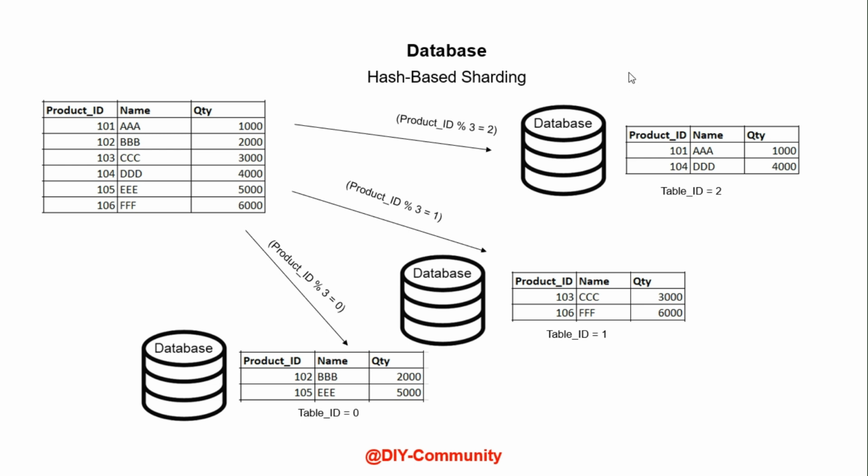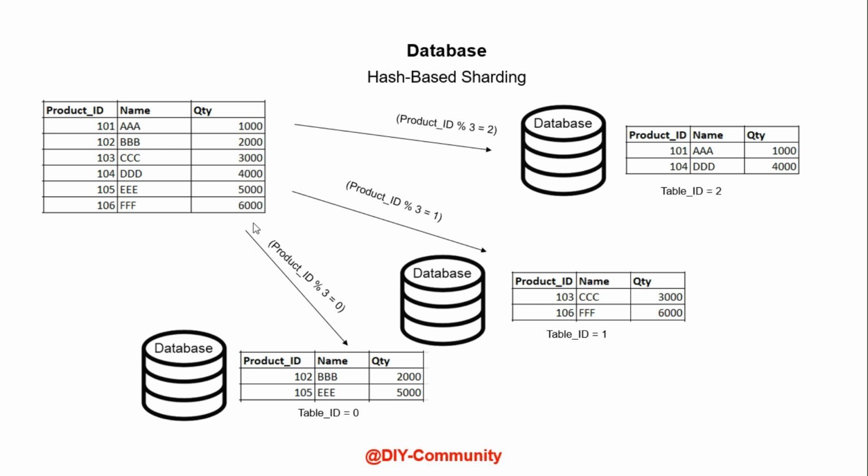In this particular scenario, data from this table will be redirected to three different databases based on a product ID. If the modulus of the product ID is 2, then that particular record will be stored in a database which is configured as 2. If the modulus of the product ID is 1, it will go into a database which is configured to store data with modulus 1.